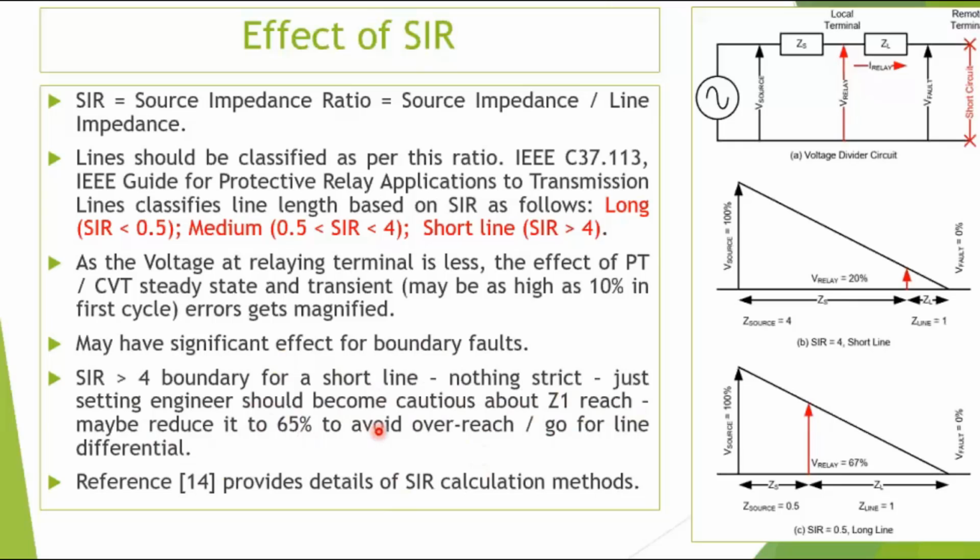For a bus fault, zone 2 comes, zone 1 doesn't come. I have seen this thing happening, and there was no explanation that could be given, because under all other conditions the relay is measuring perfectly okay. Only due to that source impedance ratio this thing was happening. My zone 2 fault was becoming zone 1 every time it happened. Okay, so this is it.